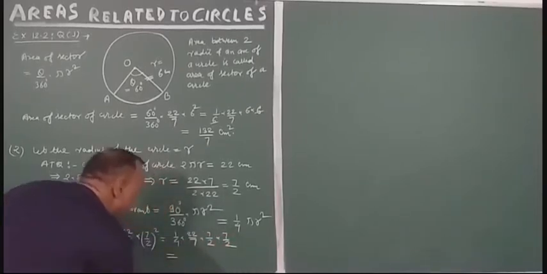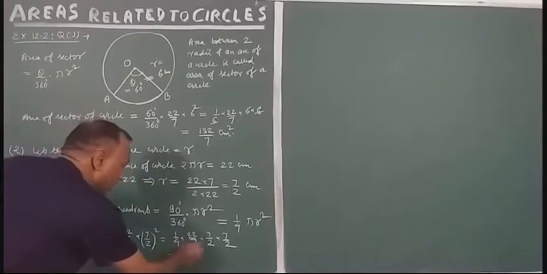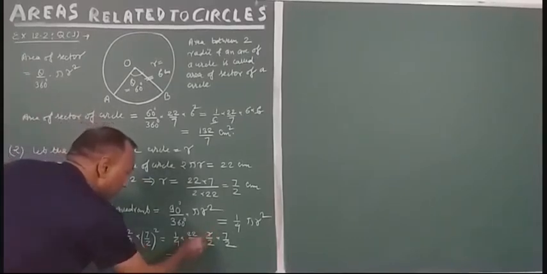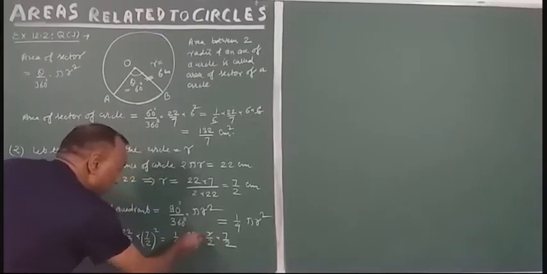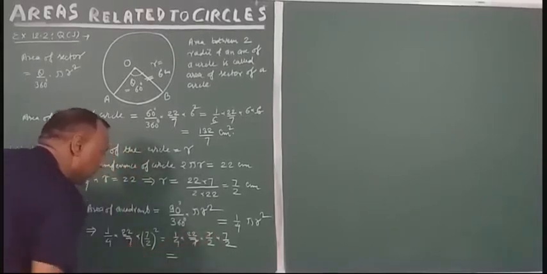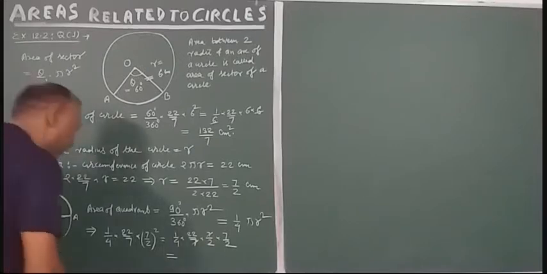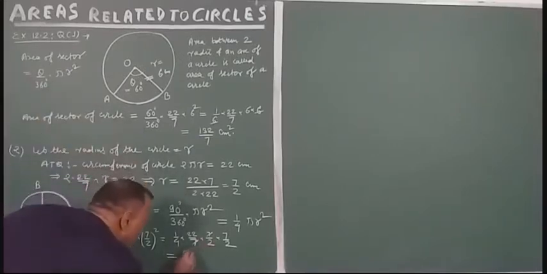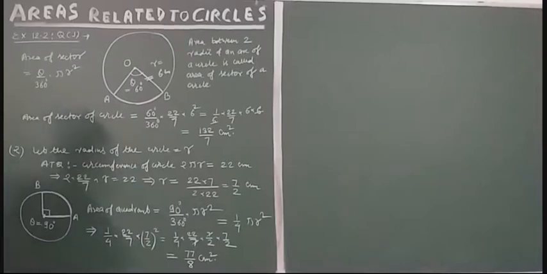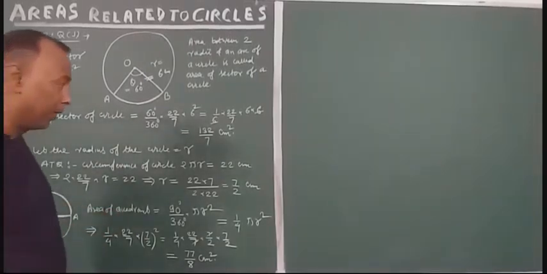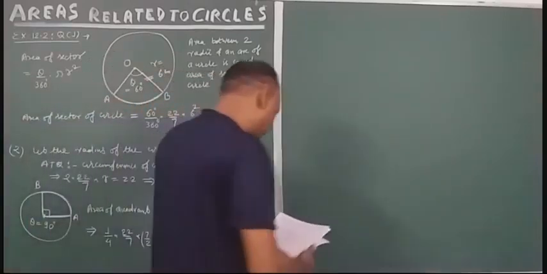When you calculate this, this 7 and this 7 will be cancelled out. Okay, 2 into 11, 11 sevens are 77 upon 8. So the area of the quadrant of the circle is 77 upon 8 centimeter square.